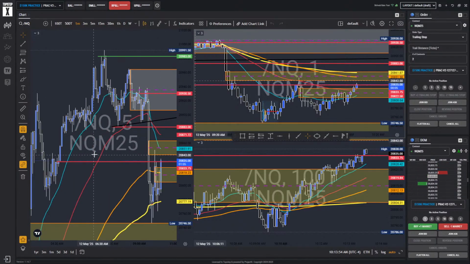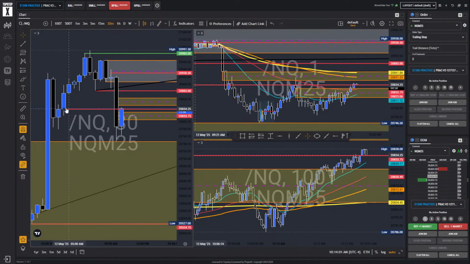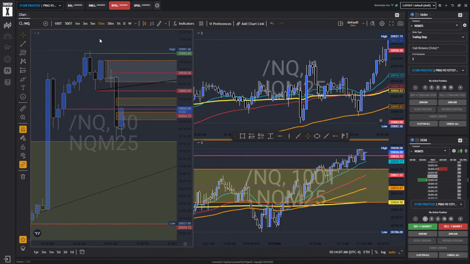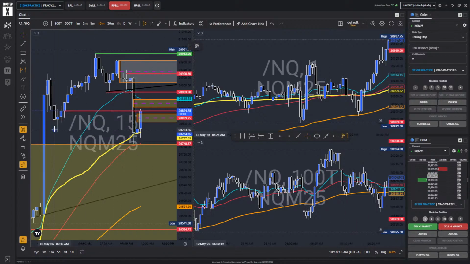Current points are looking like 30-minute lows, I believe, from the pre-market session. Not this one. This is something else. Huh. 15. This might have been market profile if I was correct there on that one.